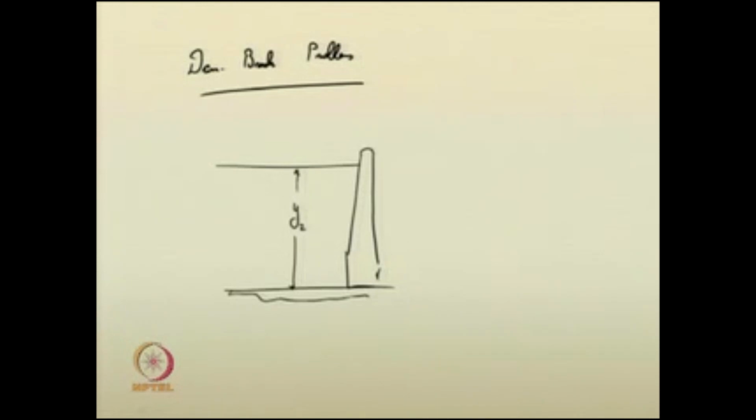All of a sudden if this dam collapses, this water will go down. So, a negative surge will be propagated to the upstream of the reservoir, as well as a gushing of water occurs into the downstream. How this negative wave will affect the upstream of the reservoir due to dam break can be analyzed using this negative surge analysis, right.